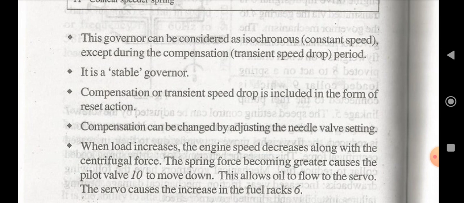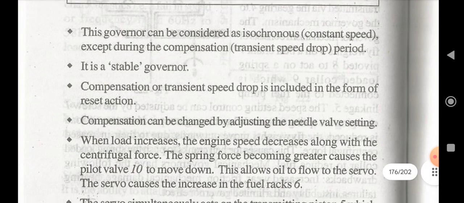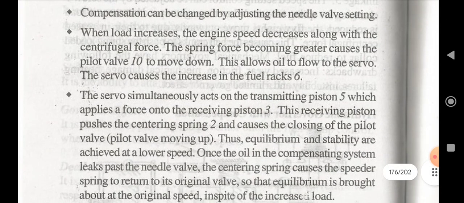Compensation or transient speed droop is included in the form of a reset action. The compensation can be changed by adjusting the needle valve setting. When the load increases, the engine speed decreases along with centrifugal force. So the spring force becomes greater.